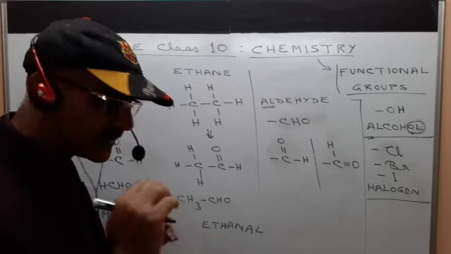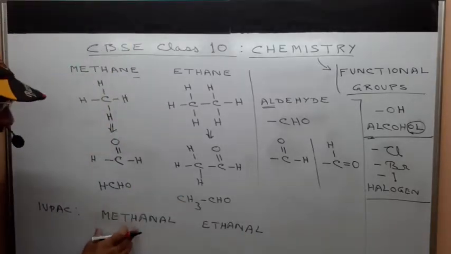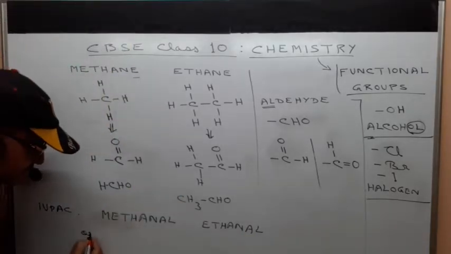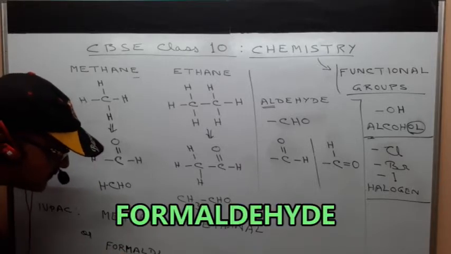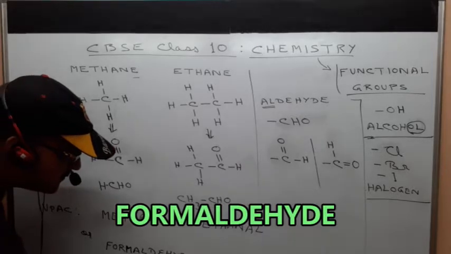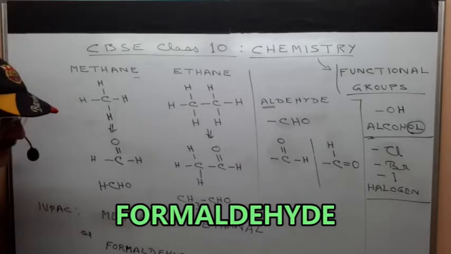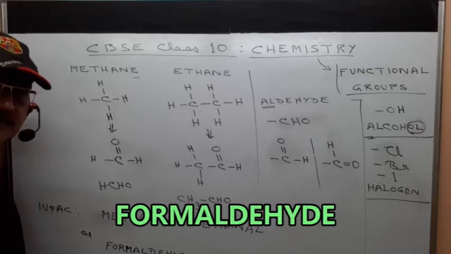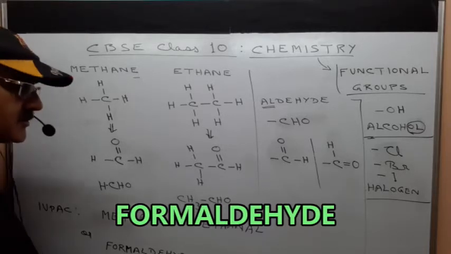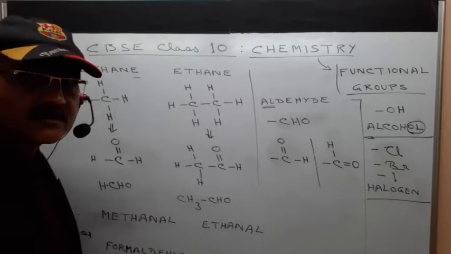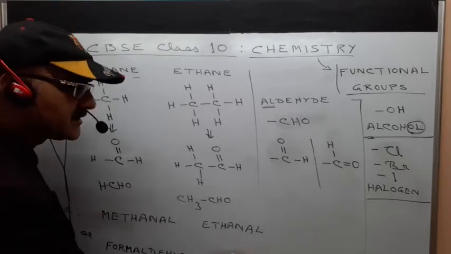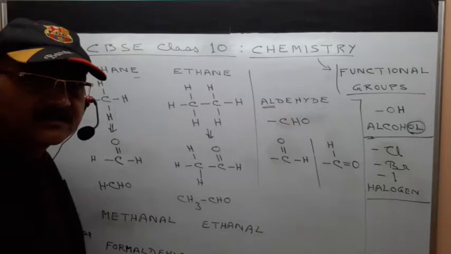Right? Okay. Now the common name for methanal is formaldehyde. So you look up the book for ethanal if it is there in your class 10 textbook, then you remember that. Otherwise, you don't have to remember that.